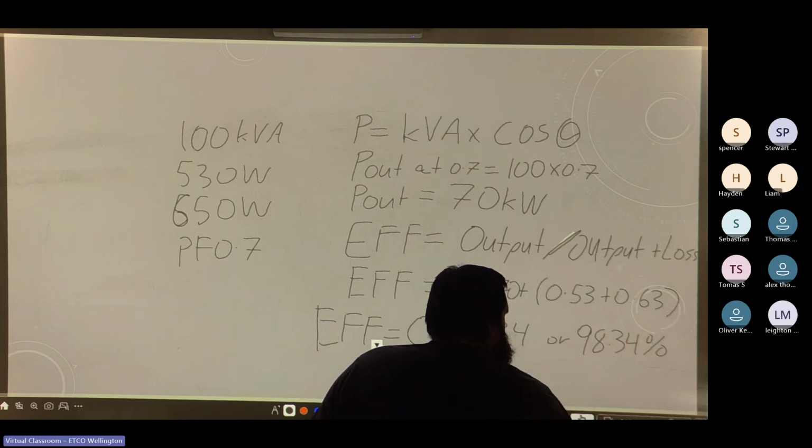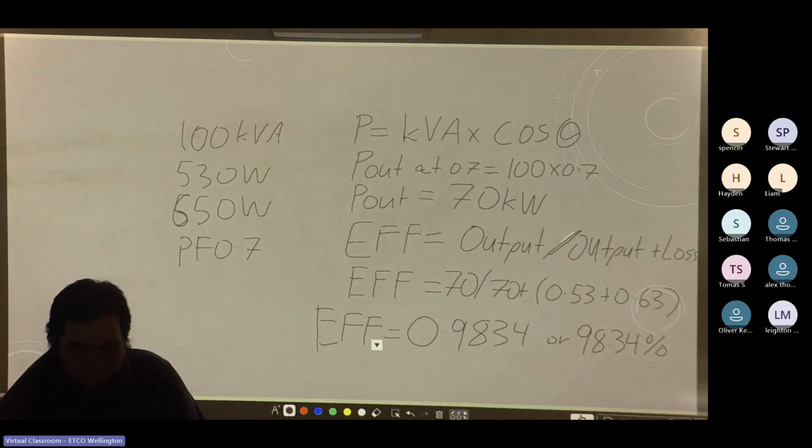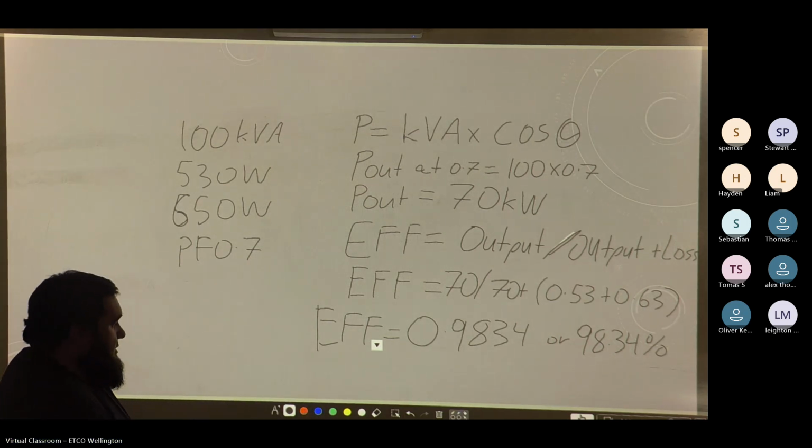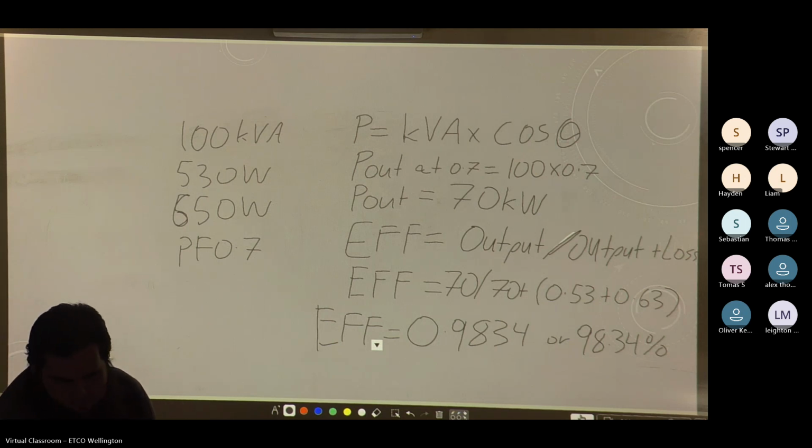So this transformer is 98.34% efficient. Okay. Is this making sense?